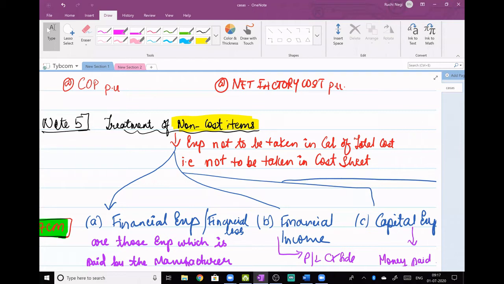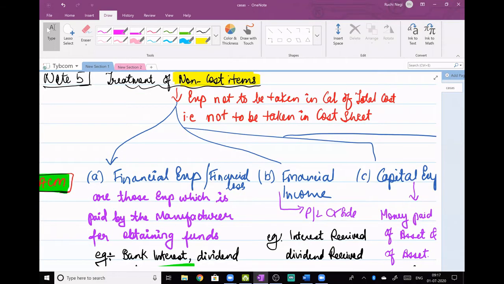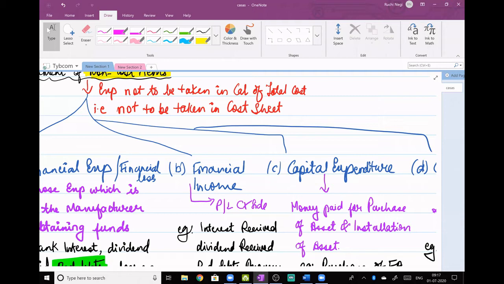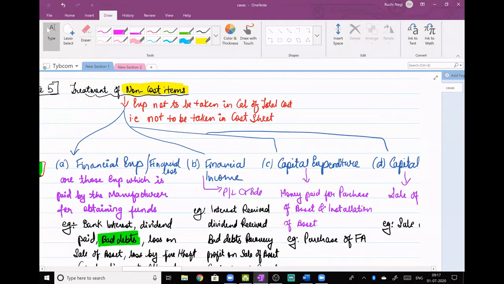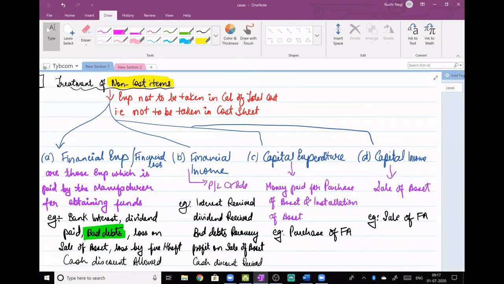Non-cost items are further categorized into 4 types. Make a note of it. First, financial expenses, then financial income, capital expenditure, and capital income. These terminologies are not new to you; you have done them as capital and revenue expenditure in financial accounting.